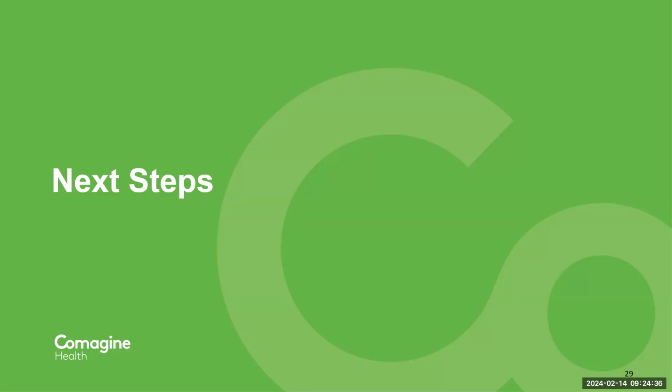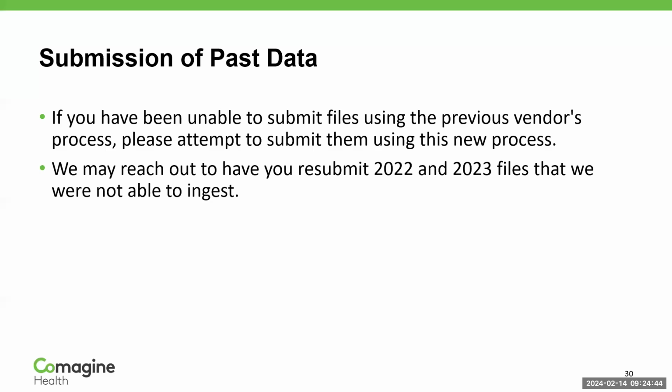If we still need to upload files, for instance, November or December, do we just go ahead and upload in the new portal? That's a good question. So here on the next steps, Star says yes. If you've been unable to submit files using the previous vendor's process, or in Susan's instance, if you still need to submit some past data, please attempt to submit them using the new process. That would be great.